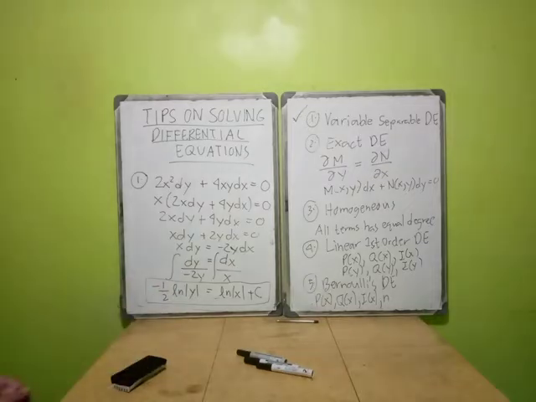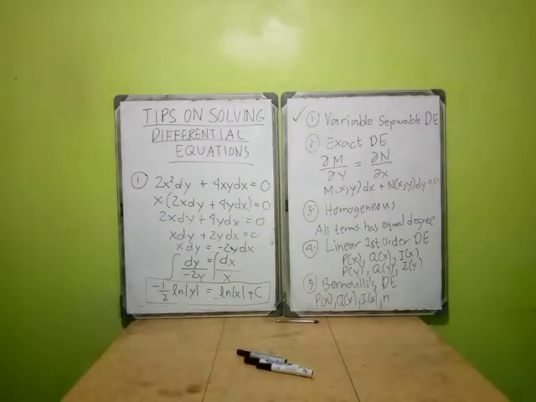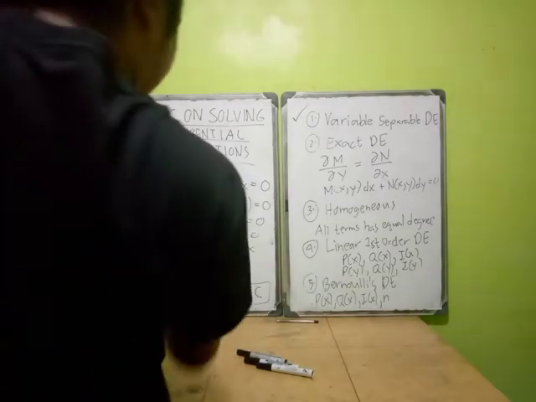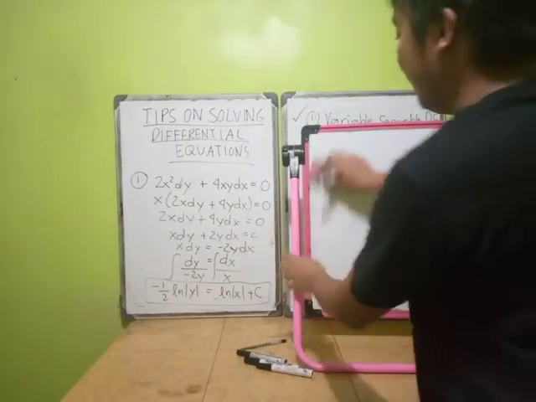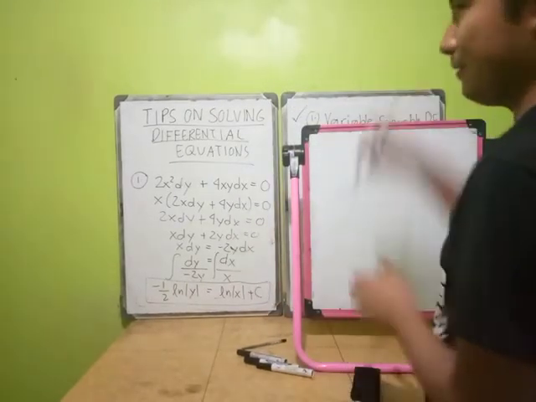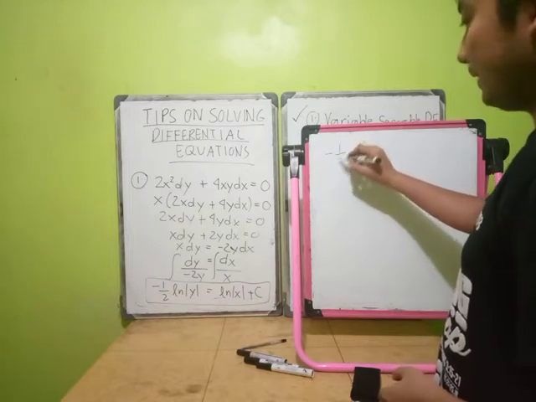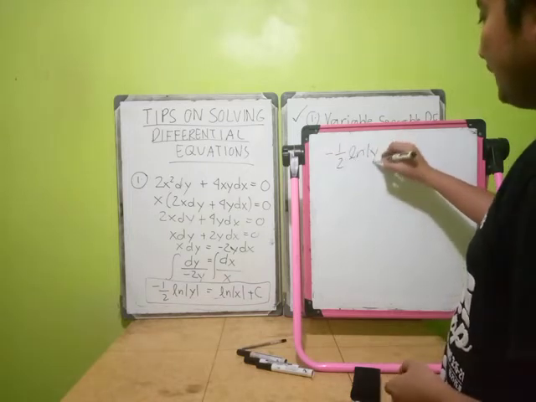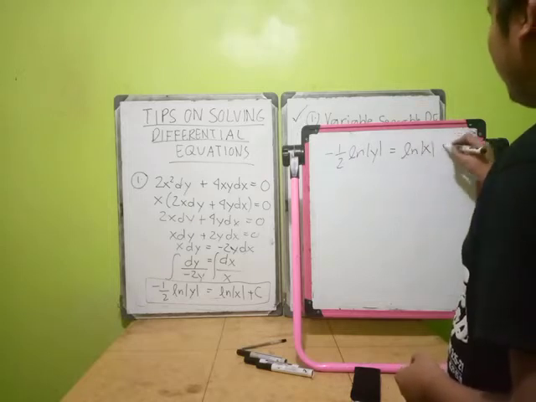Pwede nyo rin i-simplify. Okay, so instead of this, variable separable pa rin siya. So, hindi na tayo mag-proceed dun sa iba. So, magiging negative 1/2 ln of y is equal to ln of x plus c.